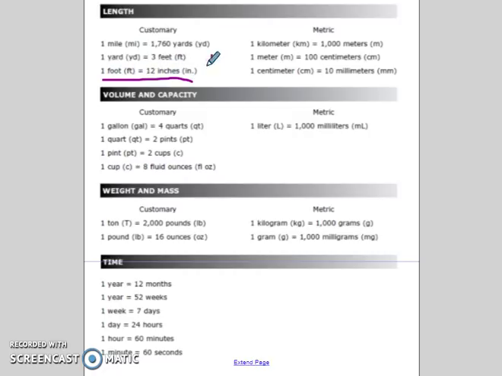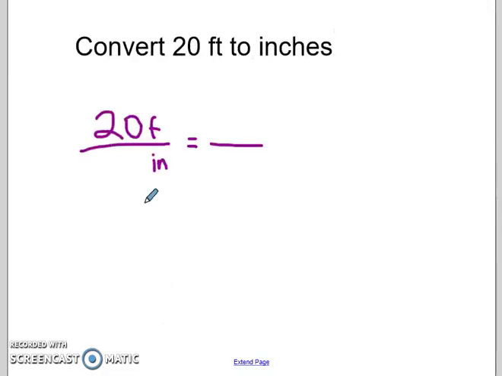If we write it like this, 1 foot, 12 inches, now it looks like what we've been working with during these last couple of units. So let's go back to our problem, and let's write 1 foot to 12 inches. This is known as our conversion rate.